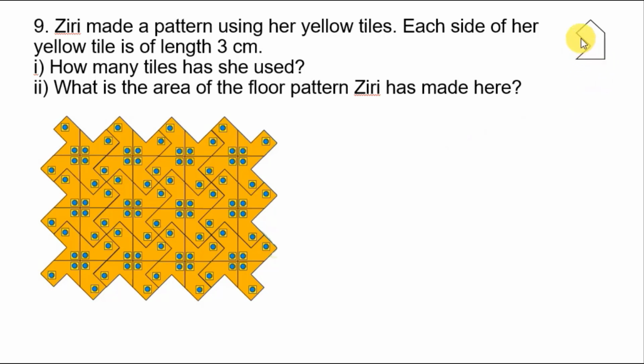Here it is a blank tile. There is no color at all. Let us see if this tile exactly fits or not. We are trying to fix this tile in this pattern.